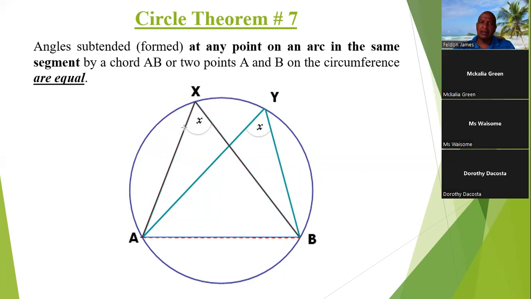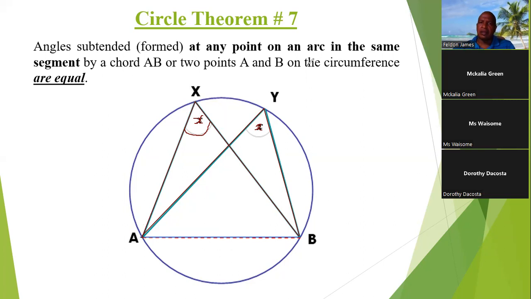So this angle that you form here, now if you also from the same A, form another angle in the same segment. All this is saying is that angles that are formed in the same segment are equal. So this angle is X, this angle is X, because they are formed in the same segment.